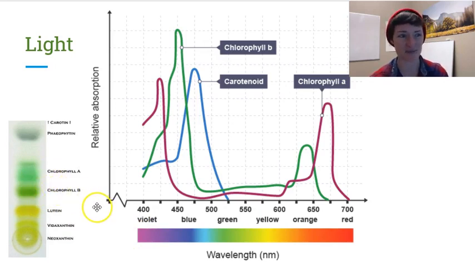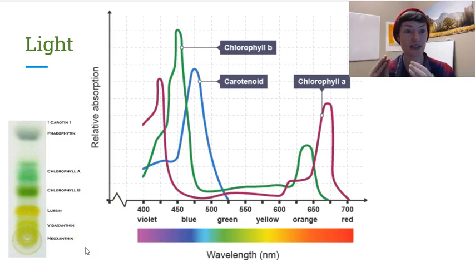Why does that happen? When you do thin layer chromatography, you're extracting the pigments out of the leaves that will come out in that extraction solvent. So another important chemistry concept is that like dissolves like. Non-polar compounds that don't have excess charges on them will dissolve other non-polar compounds.